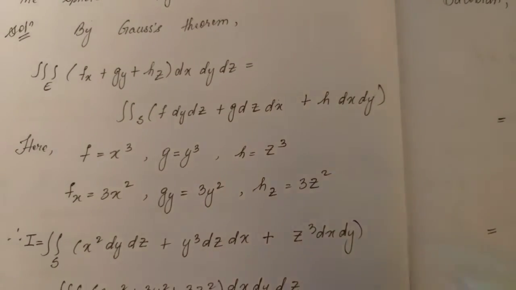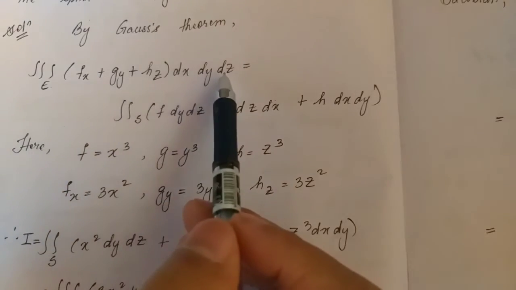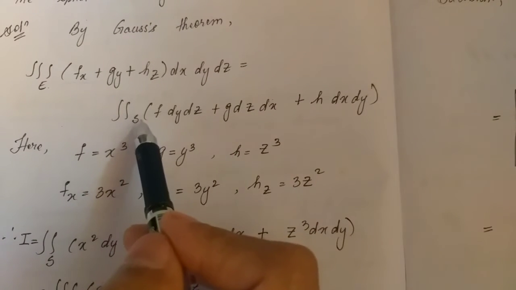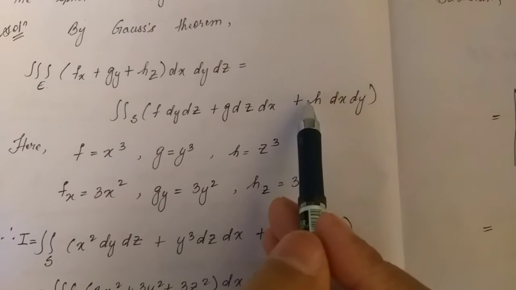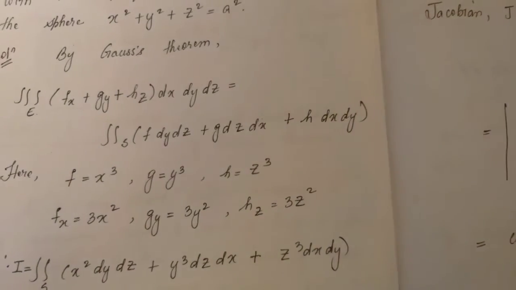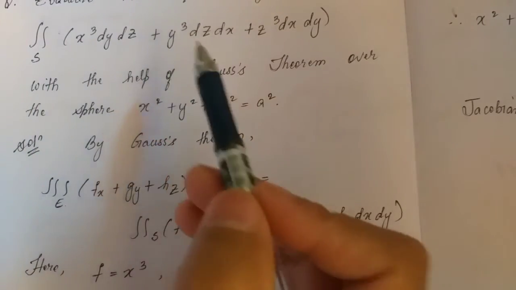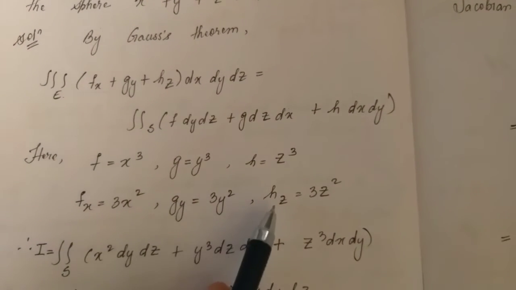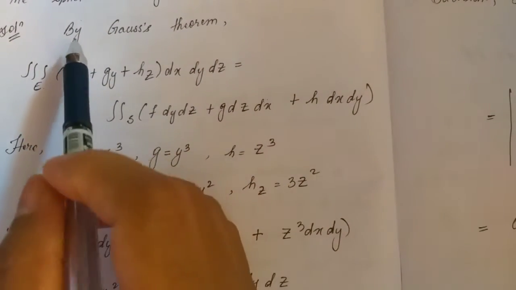Okay, have a look at the calculation. By Gauss theorem, you have this integration over E equal to this double integration over the surface S. Here you have F, here you have G, and here you have H. Okay, since all F, G, and H have partial derivatives with respect to X, Y, and Z that exist, we can use Gauss theorem.